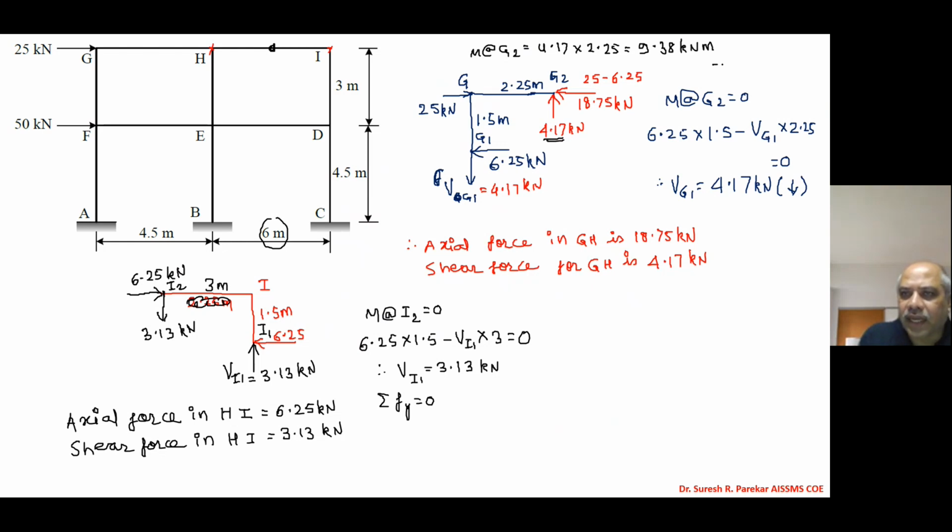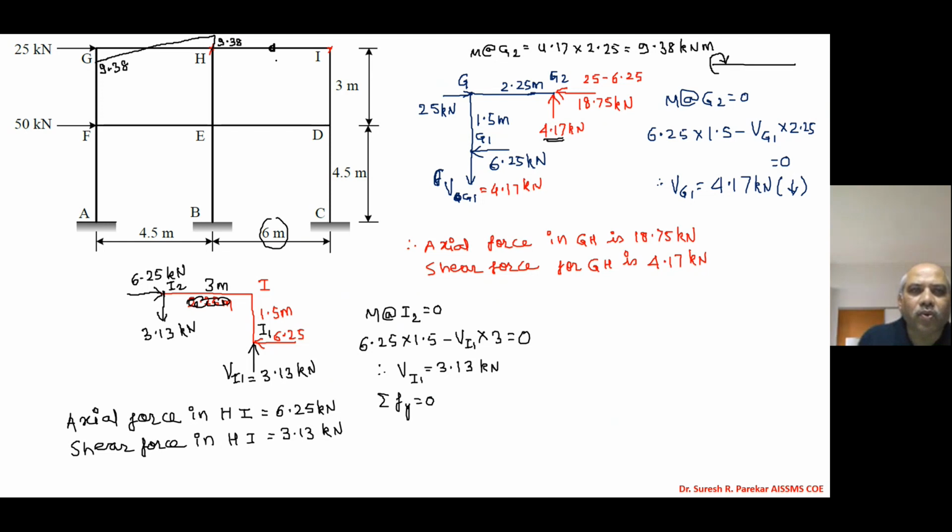Now you can see how we will get this moment. Due to 4.17, this moment is anti-clockwise, and to balance it, we have clockwise 9.38. So it will take the beam down, so I will have this diagram in this fashion, and I have this value 9.38. This is the bending moment diagram for GH.